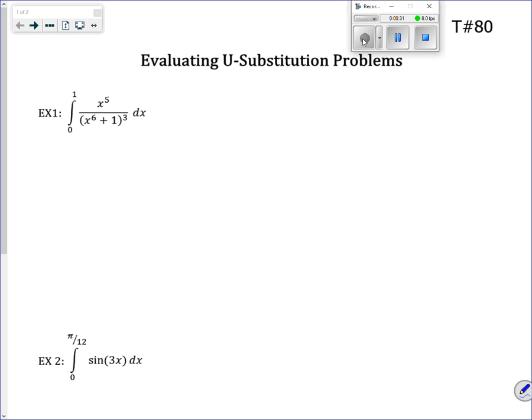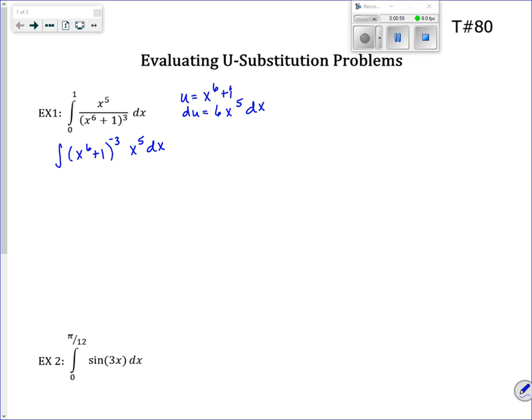So hopefully you would think, all right, u is going to be x to the 6 plus 1. du would be 6x to the 5th dx. Notice I'm not going to write bounds on this just quite yet. It'd be to the -3rd, and I have x to the 5th dx.